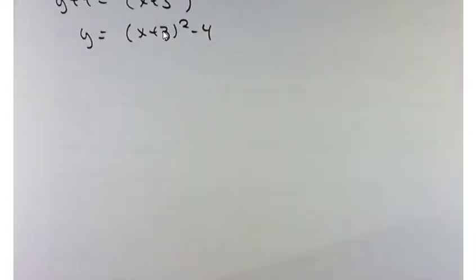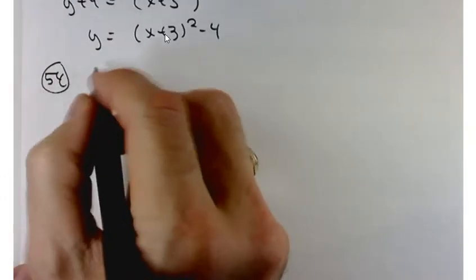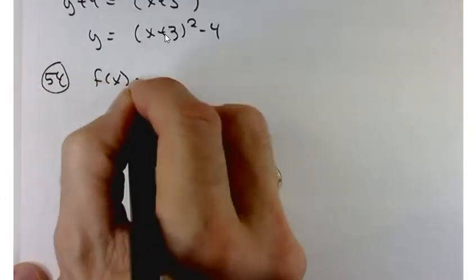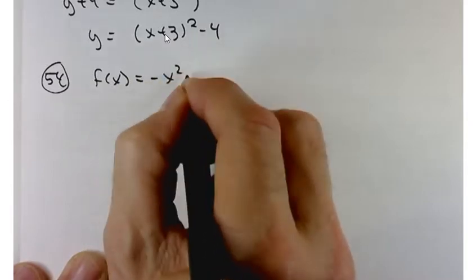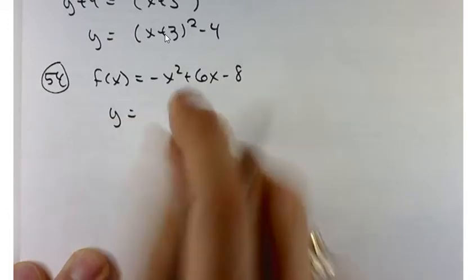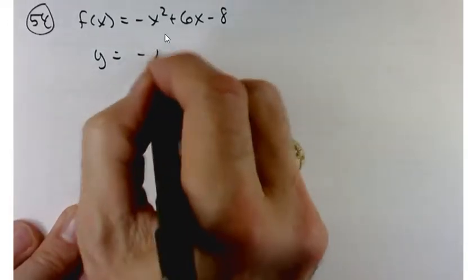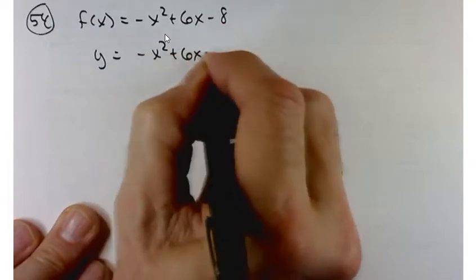And that's not the case in problem number 54. So we've got f of x is negative x squared plus 6x minus 8. F of x is equivalent to y, so let me rewrite that as y is negative x squared plus 6x minus 8.